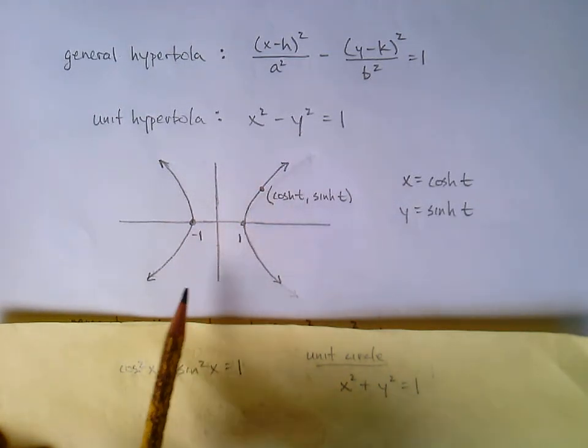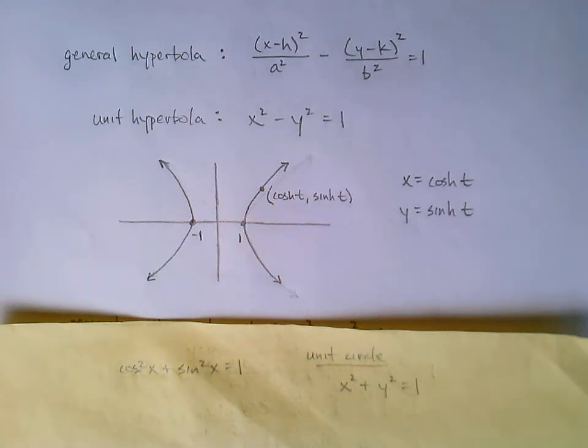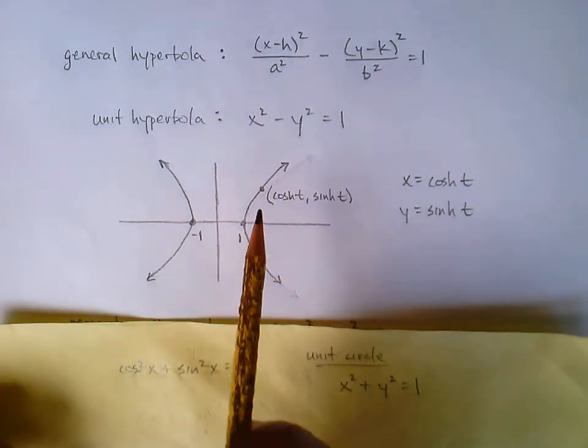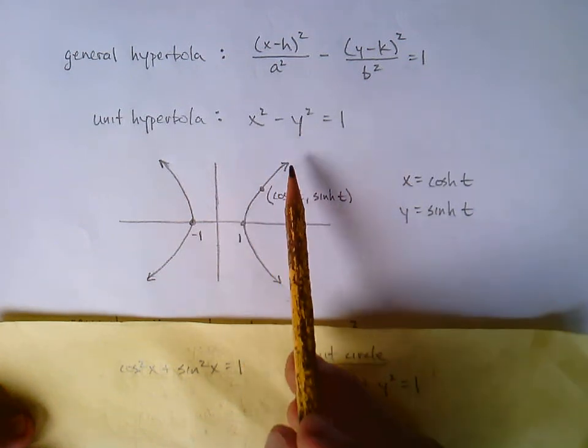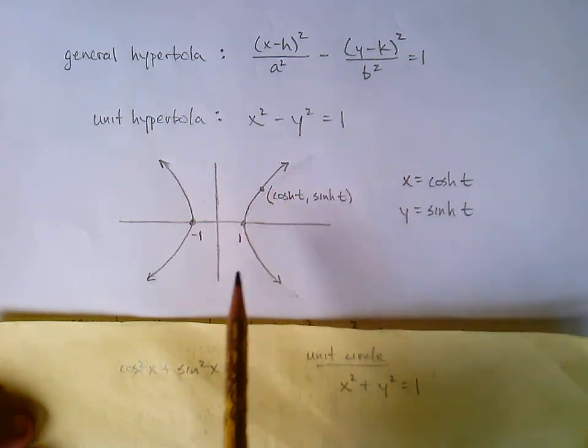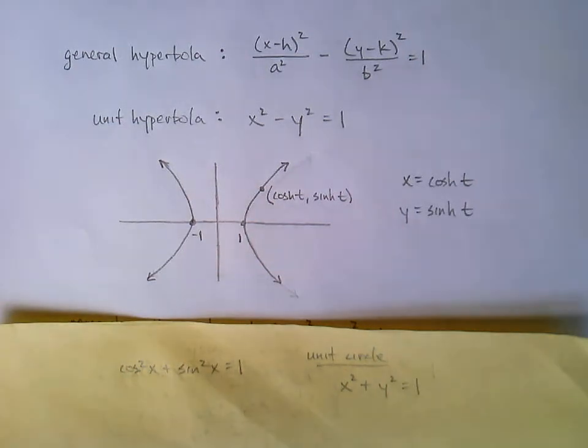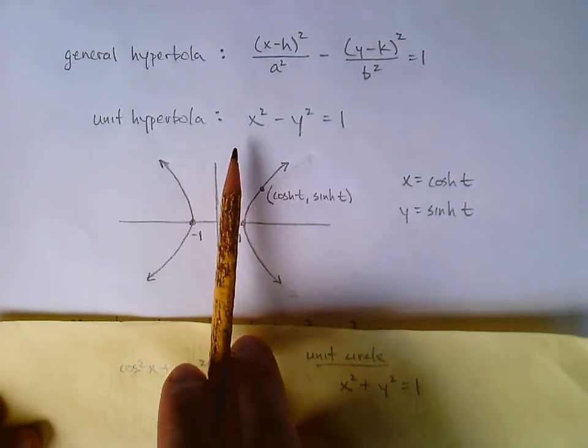It's this nicely shaped hyperbola. Since it's the unit, it's not overly narrow or overly wide. It's hard to sketch, obviously, but it's right there in the middle. So what's the deal? The unit hyperbola.